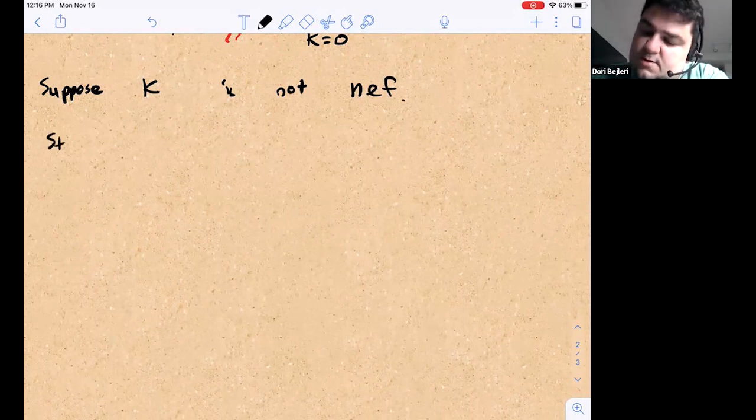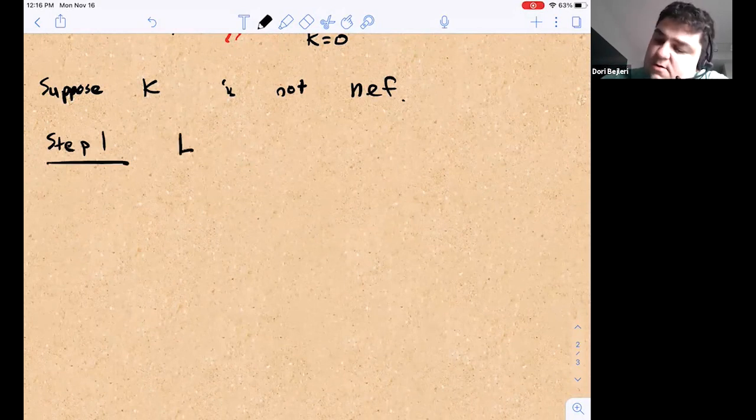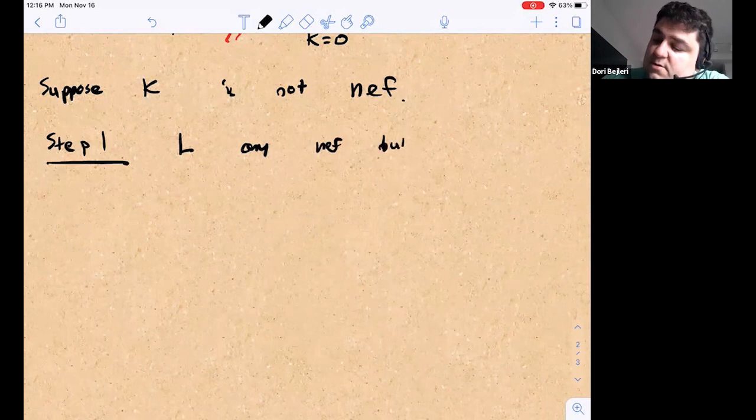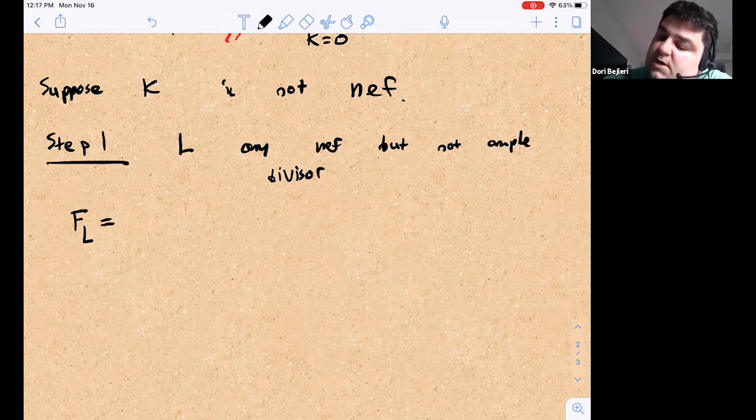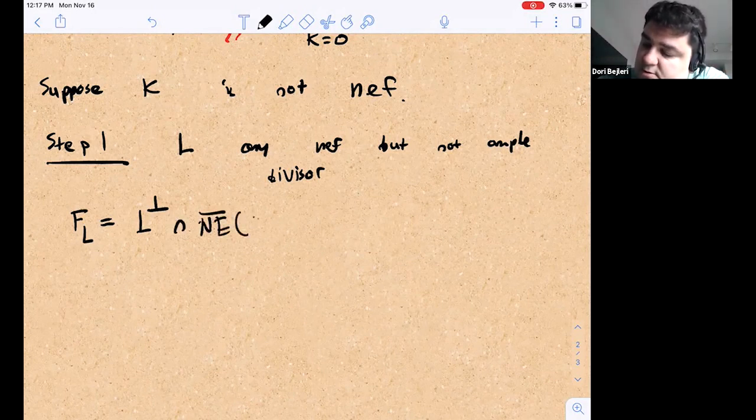So step 1: if L is any nef divisor, but not ample, then we can define the face cut out by L to be the hyperplane L equals 0, which we can write as L perp intersect the cone of curves.